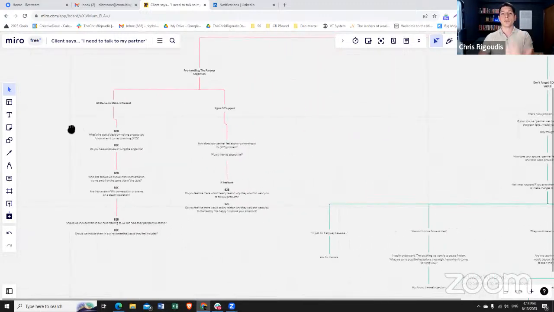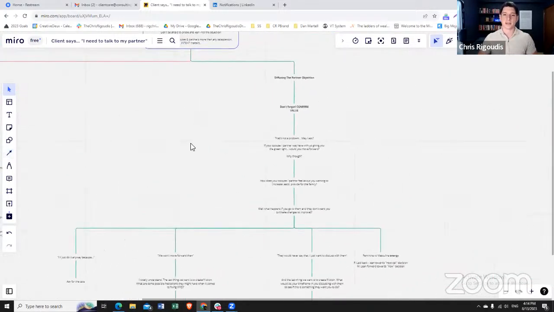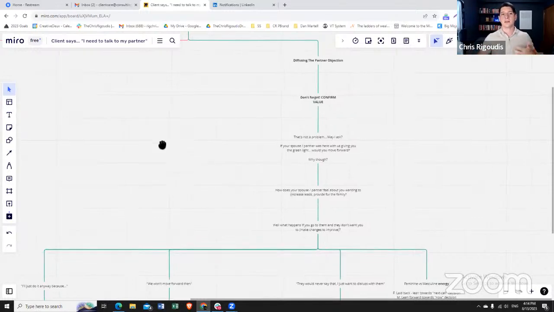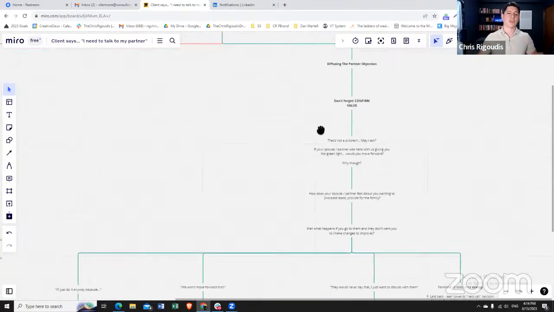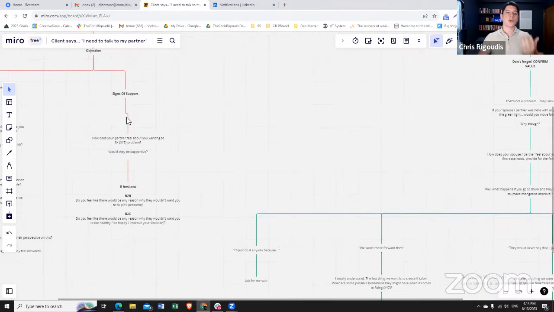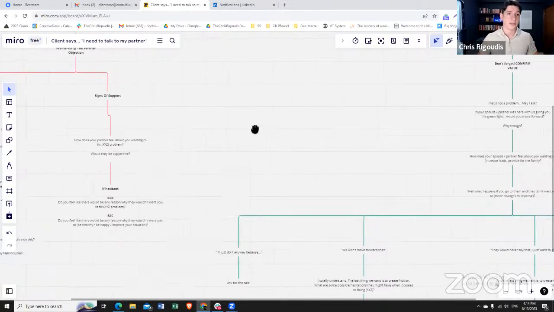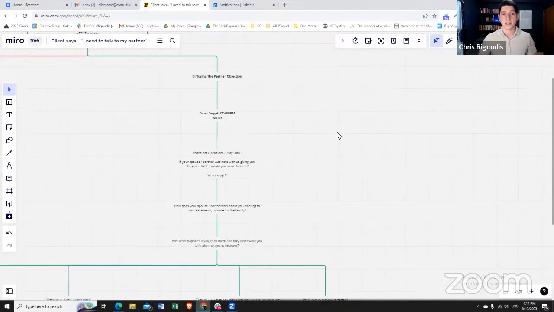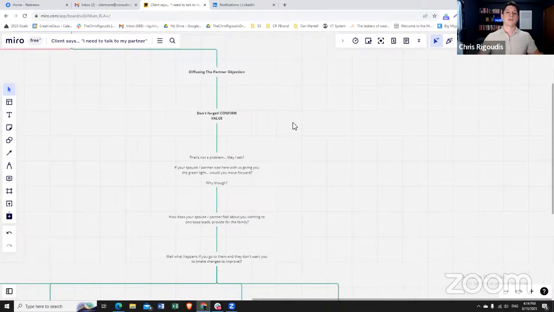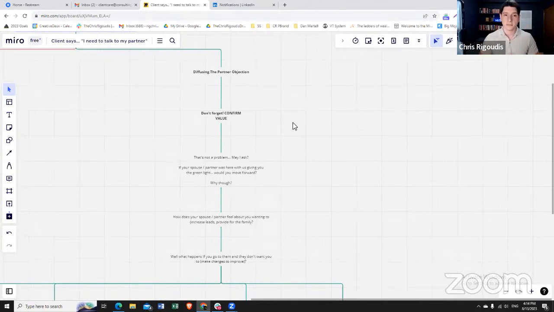Now, what do we do when we want to diffuse the partner objection? Like it comes up, we go through a presentation, and a lot of times everything will go right. The partner is supportive. They will tell us that they have no problem with us getting a trainer or introducing a new solution, but it comes up at the end. This all sounds great. I just want to pass this by my partner.